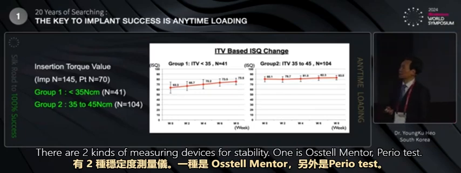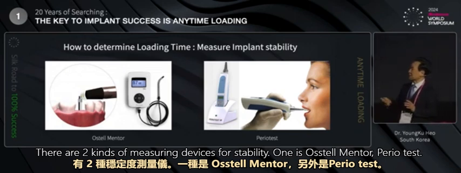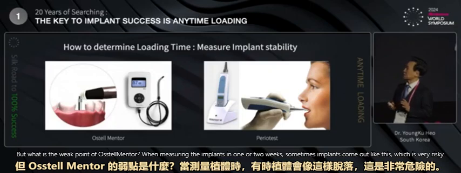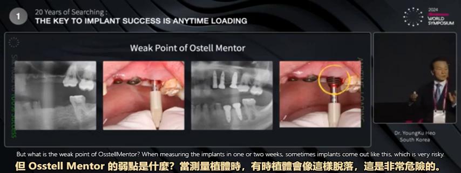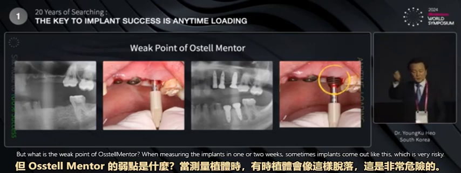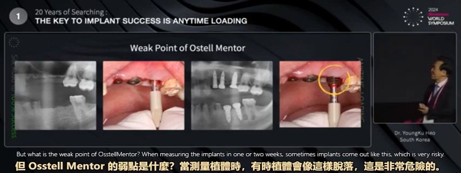And there are two kinds of measuring device for stability. One is Osstell Mentor and the Periotest. But what is the weak point of Osstell Mentor? When we measure the implants at 1 week or 2 weeks, sometimes implants come out like this. So it's very jeopardized.